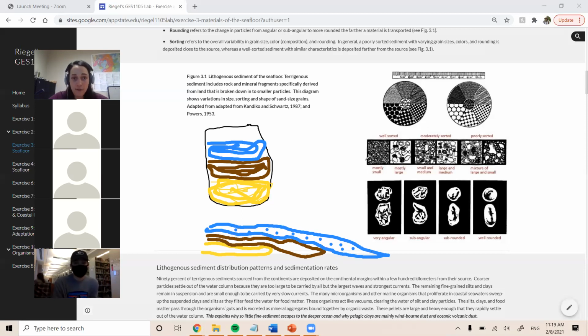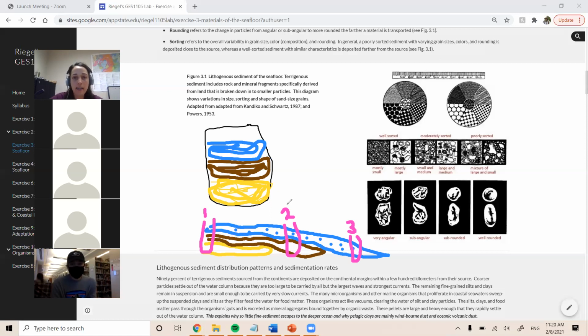So if I took a sample from here, and then from here, and then from here, this will be 3, this will be 2, this will be 1.